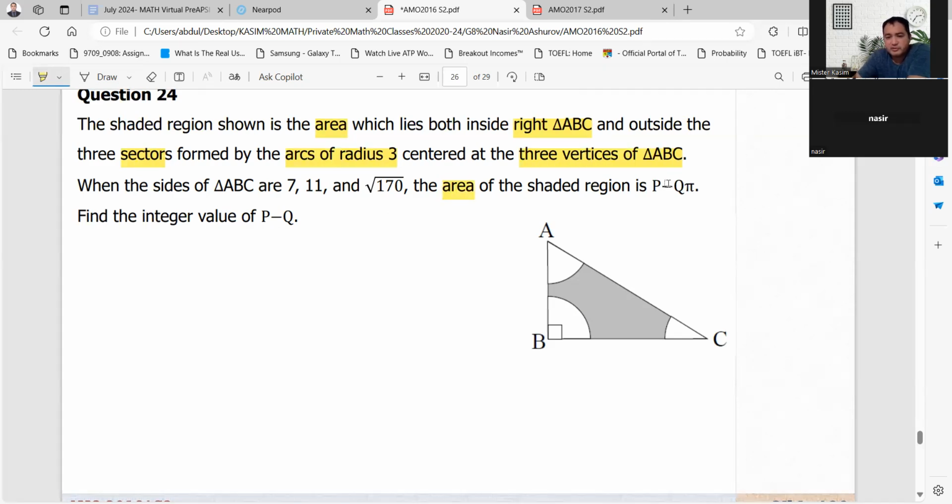The area of the shaded region is P minus Q times pi. Find the integer value of P minus Q.